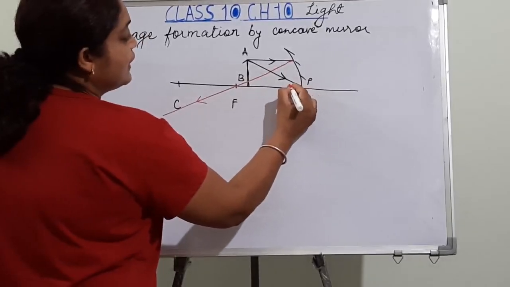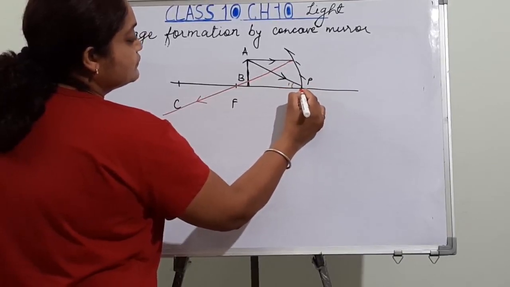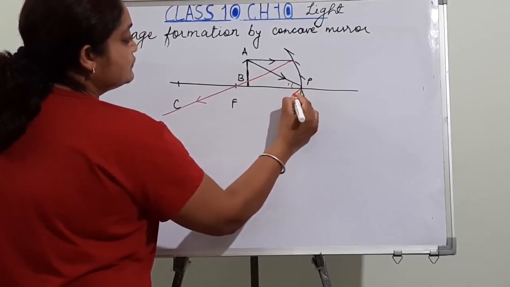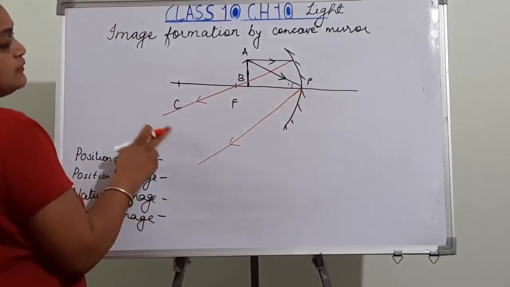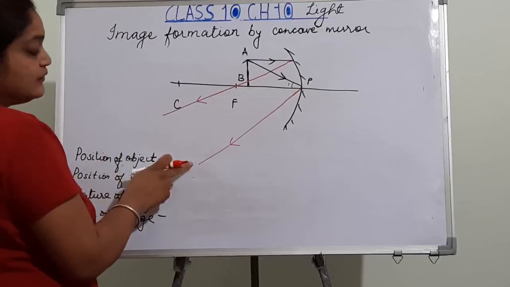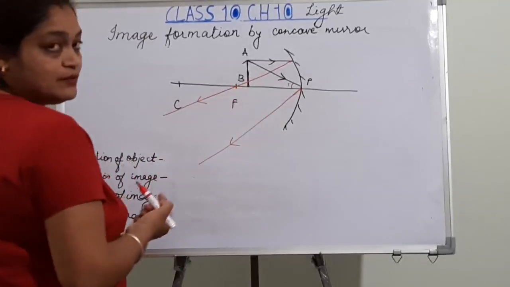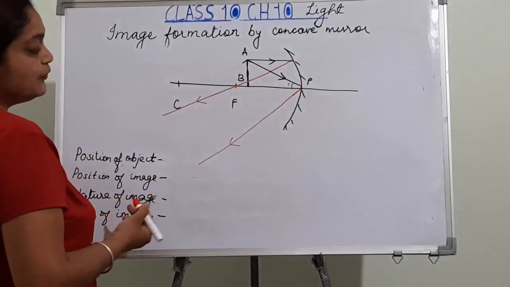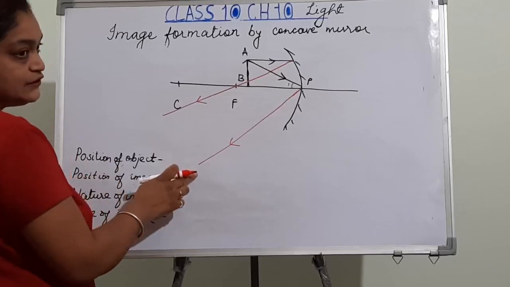So angle I will be equal to angle R over here. You can see that these two rays are diverging when the object is placed between focus and pole of the mirror. So these two rays will not actually meet after reflection.